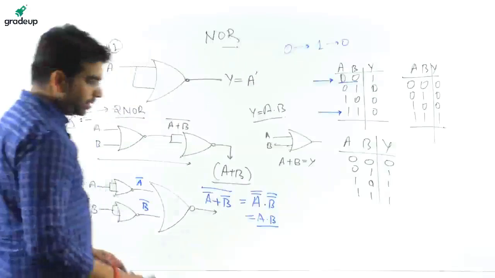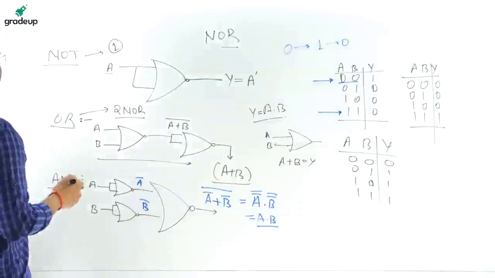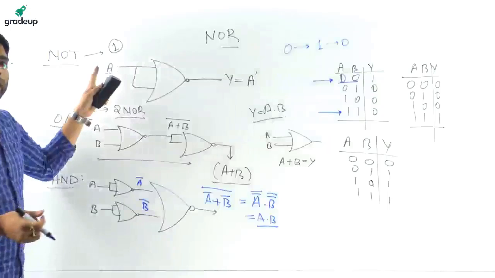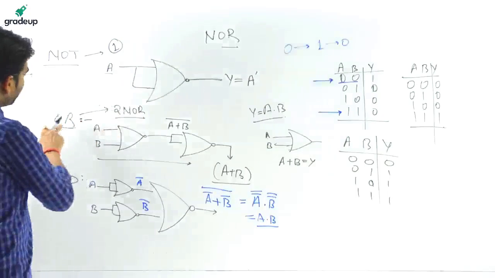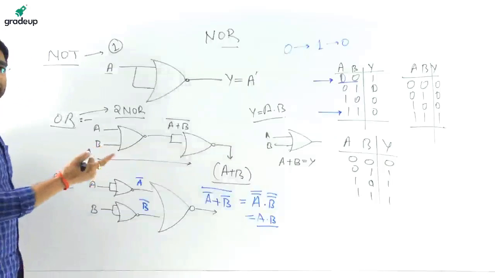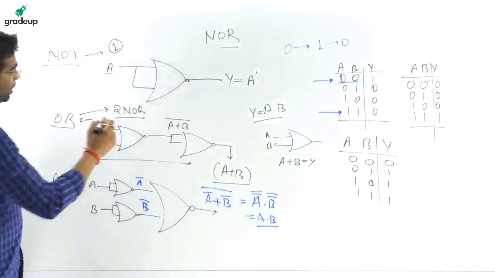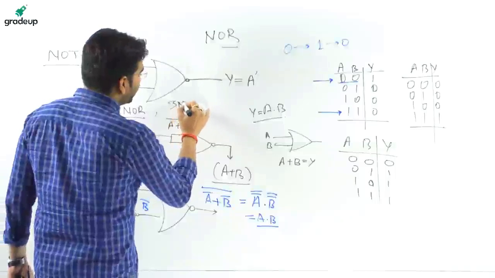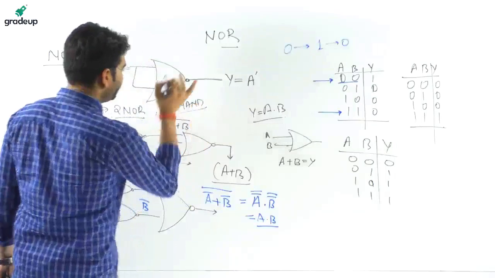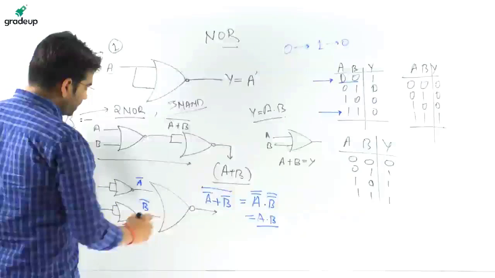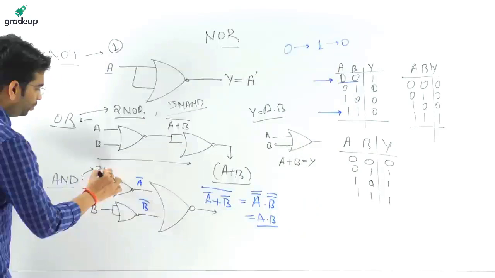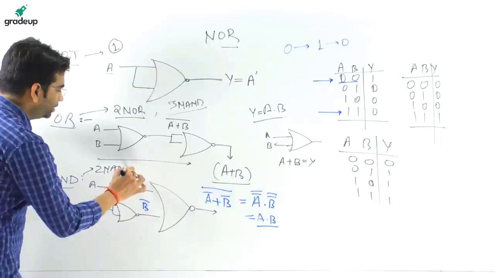So for NOT we require one NAND gate and one NOR gate. For OR we require two NOR gates and 3 NAND gates. For an AND gate we require 3 NOR gates, and 2 NAND gates were required earlier.